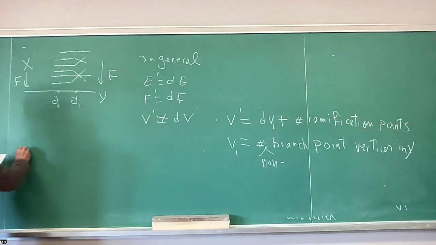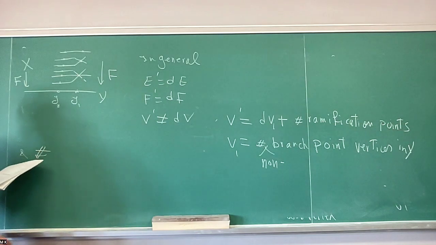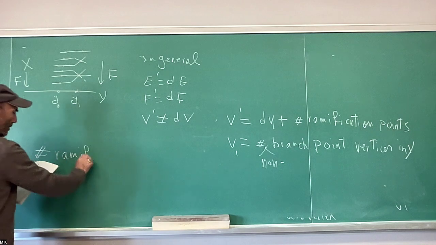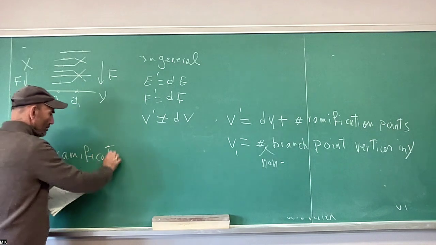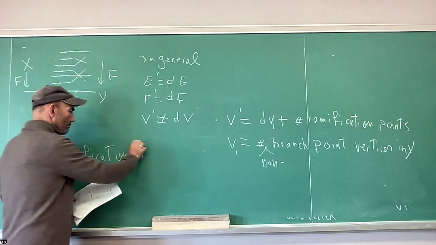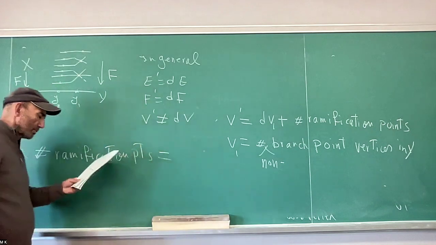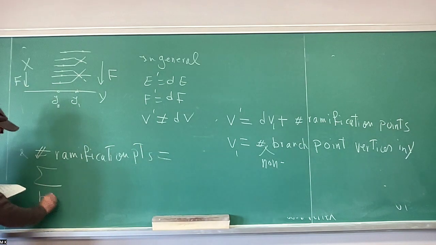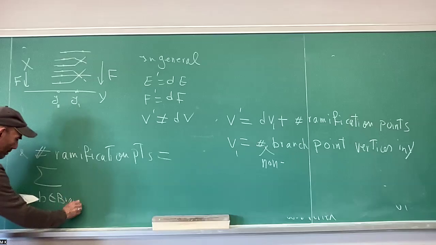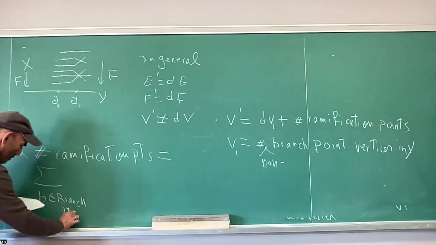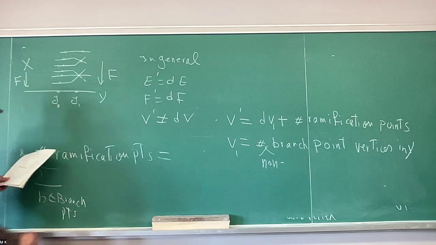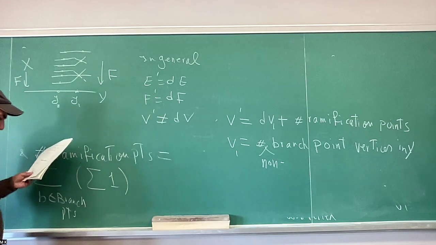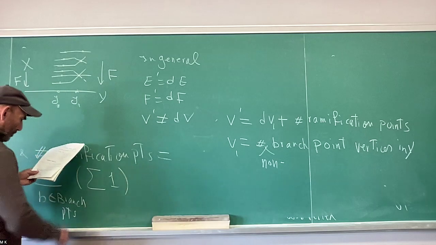And the number of ramification points is equal to, I just write it as the sum over P belonging to the branch points, sum of 1 over x belonging to f inverse of P.